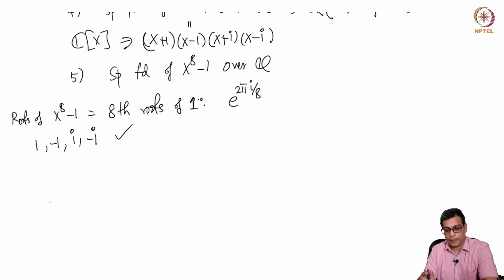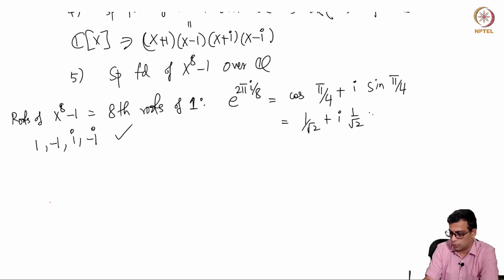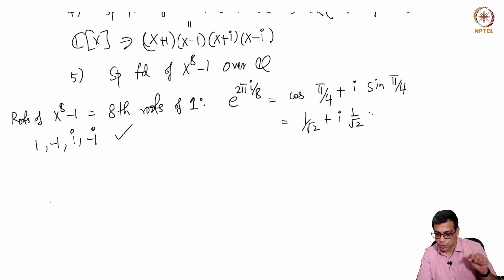If you know, these are elements on the circle, right? So this is a primitive 8th root of unity, and if you recall the formula, this is cosine pi by 4 plus i sine pi by 4. So this is 1 over root 2 plus i times 1 over root 2. Okay. So now you can check that if you adjoin i already, then 1 over root 2 will be there.